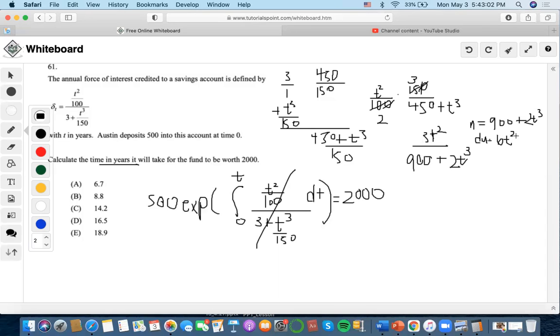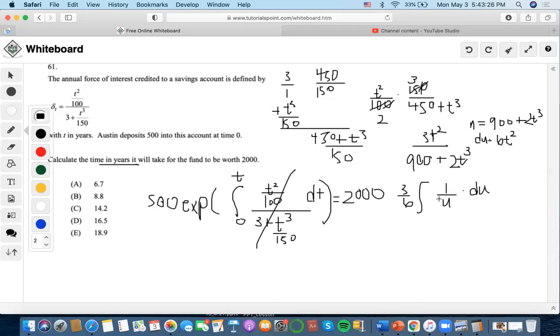Now I'm going to integrate this. So 6T squared, right? I'm going to take out the 1 over 6. There's a 3 outside, so 3 out of 6, and I denote this as 1 over u times du.